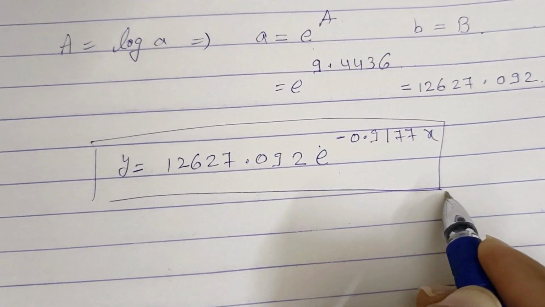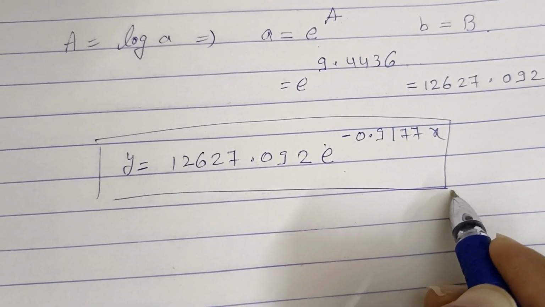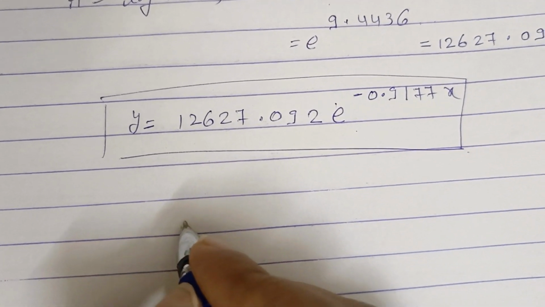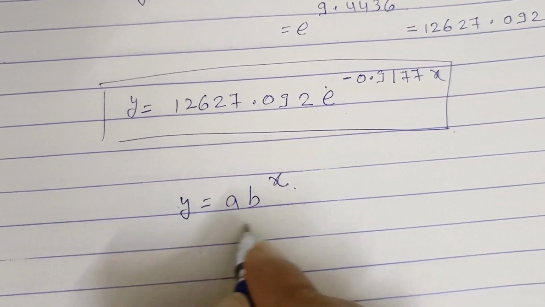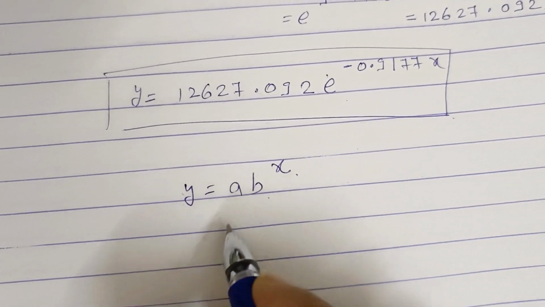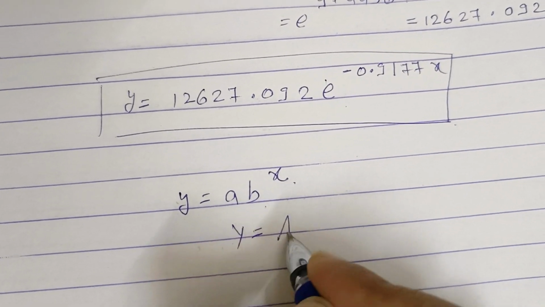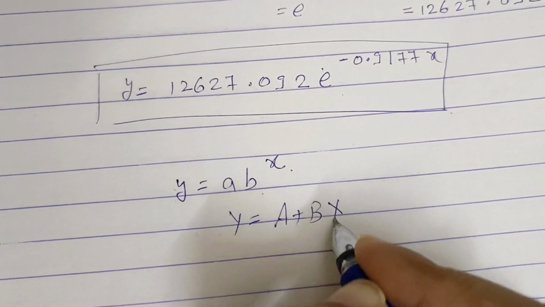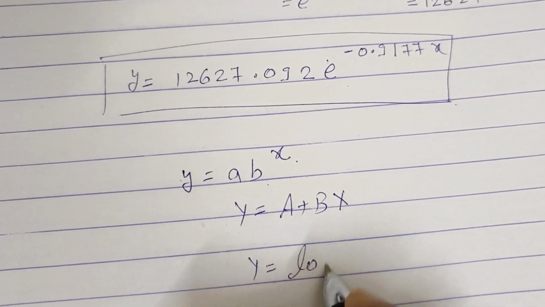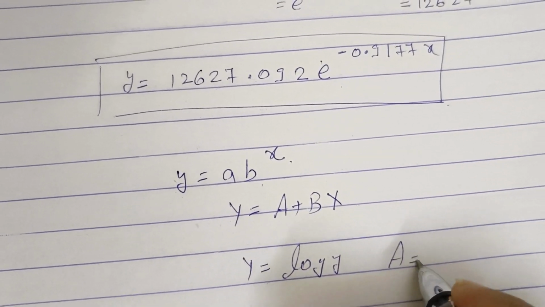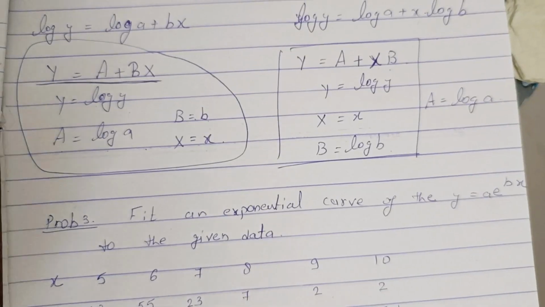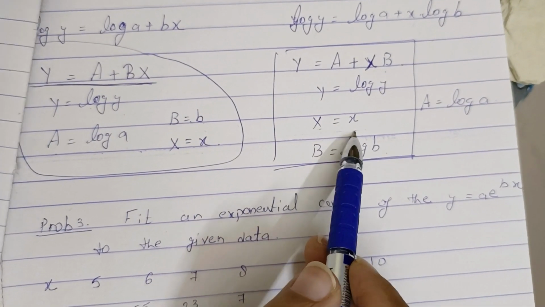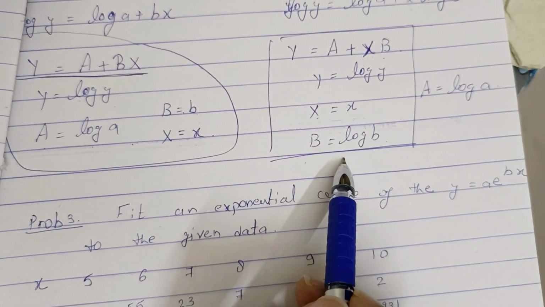Similarly, if you want to fit a curve of the form y is equal to a b to the power x, you just need to solve capital Y is equal to a plus bx, where capital Y is equal to log y, capital A is equal to log a, capital X is equal to small x, and capital B is equal to log b.